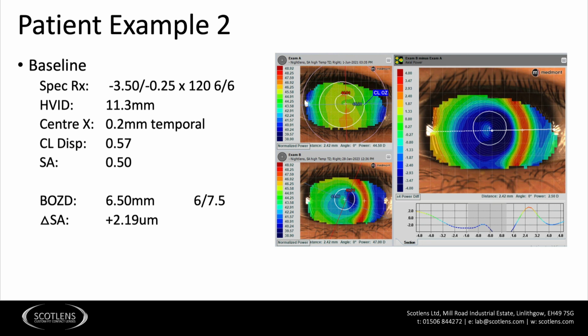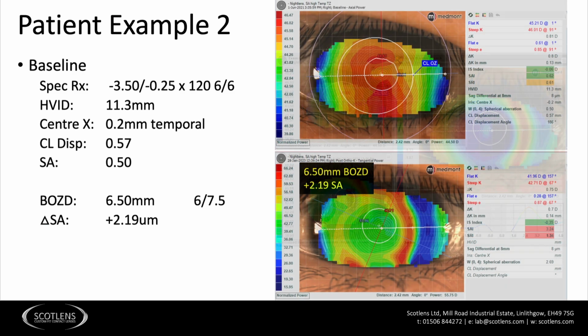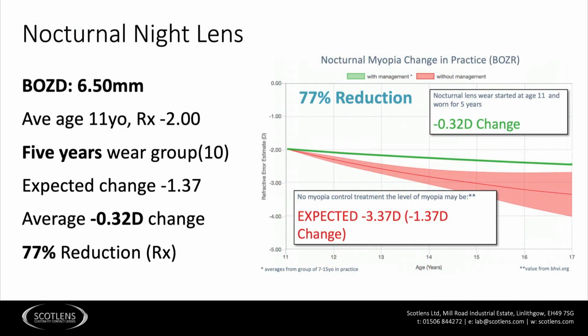And again, you can see the palpebral aperture is quite small, so that's probably having some influence on the treatment zone position. But actually, the patient is happy. They're getting 6.6 minus binocularly, 6.75 with both eyes. And again, from a spherical aberration perspective, this is very beneficial for myopia control.